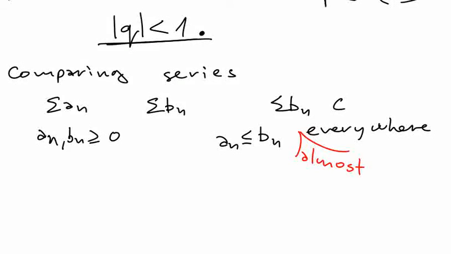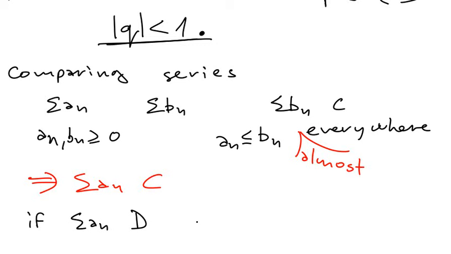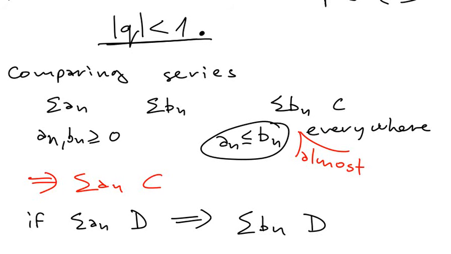So this clearly implies that the sum of an also converges, since this gives us a comparison between partial sums, and we can use some property of limits, or we can just see why it holds. And similarly, if the sum of an diverges, and again an is smaller than bn, then on the other hand the sum of bn diverges.